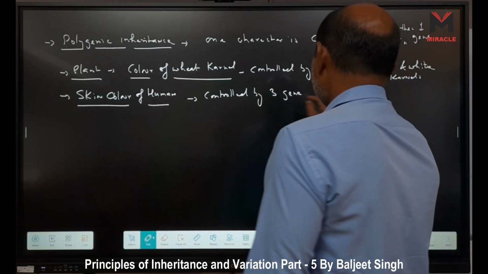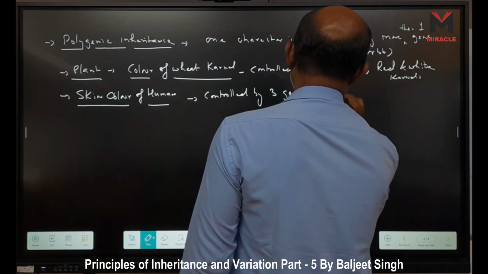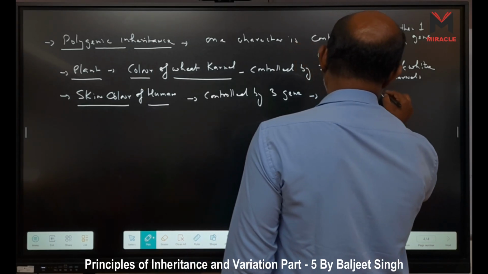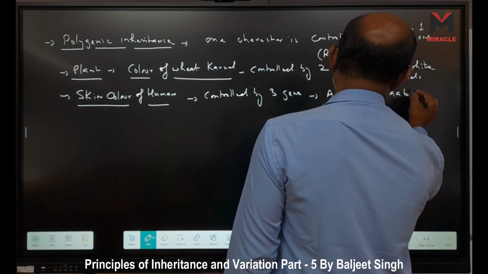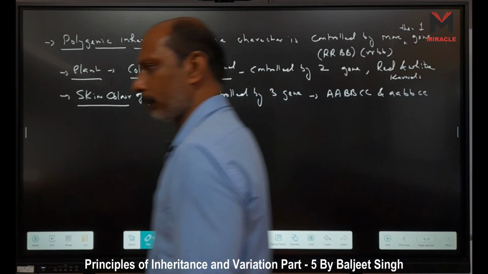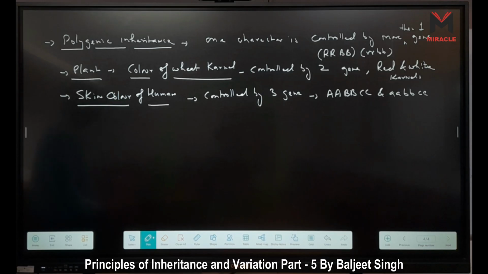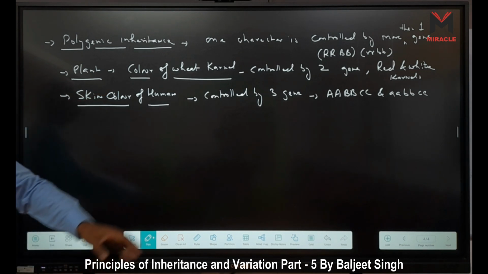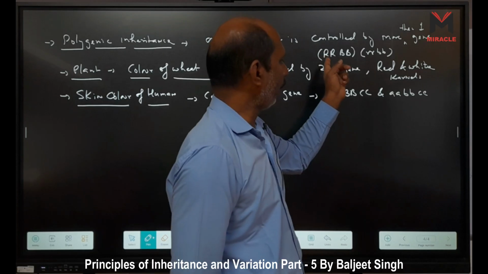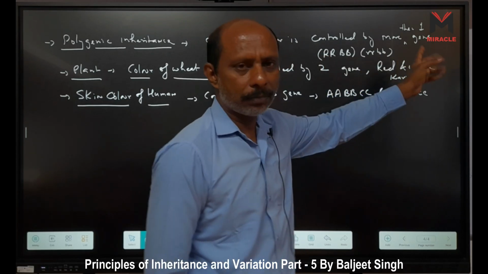And skin color is controlled by 3 genes: capital A, capital B, capital C, and small a, small b, small c. So you can understand here, suppose that color of wheat kernel is controlled by 2 genes, and we have two types of gametes, either capital R, capital B, or small r, small b.